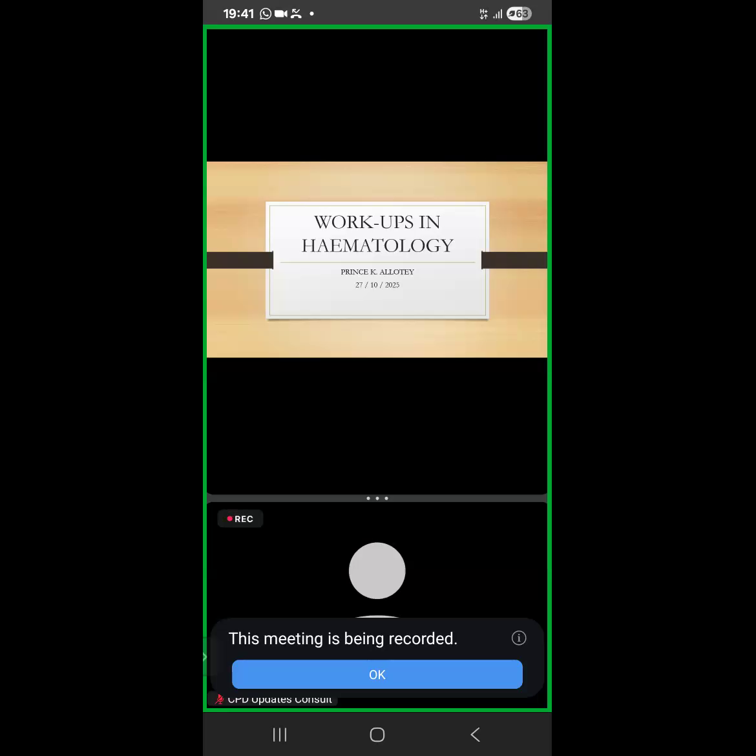In our next step today, we want to look at what we call workups. And workups in hematology simply mean: what steps do we take? What different steps do we take? Or what different tests do we do in our hematology laboratory to arrive at a diagnosis?